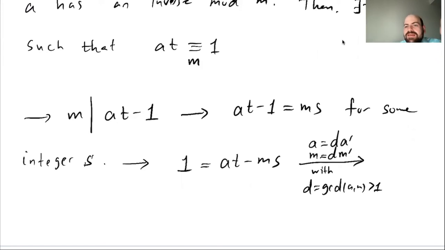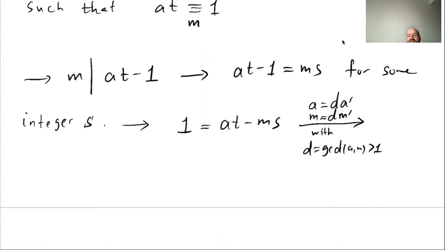So D is a common divisor for A and M, right? It's of course the greatest common divisor, but in particular, it's a common divisor for A and M. So I can write A in the form dA prime and M in the form dM prime. And GCD not equal to 1 means D is bigger than 1.